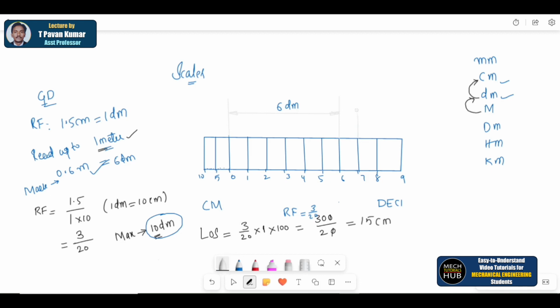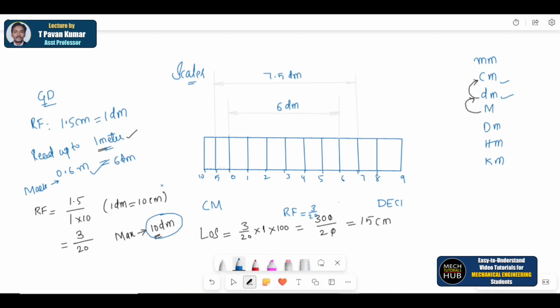Now this is 7 and this is 5. So 7 decimeters, an arrow, and 0.5 centimeters. I'll change the color and write 7.5 decimeters. This is how I can represent it.